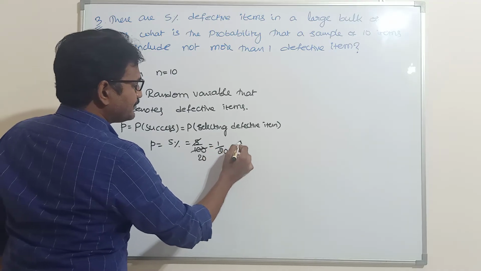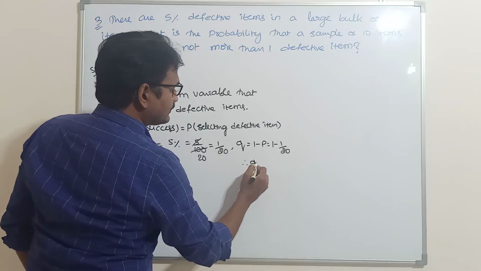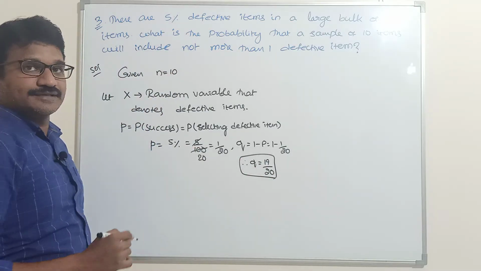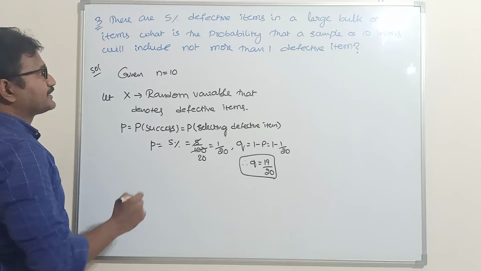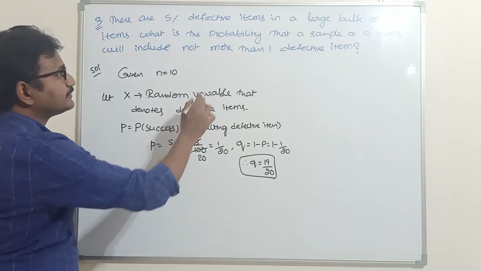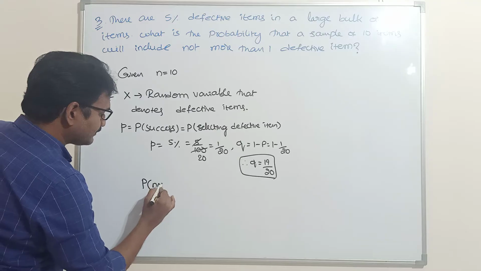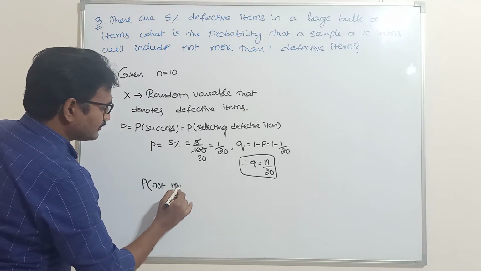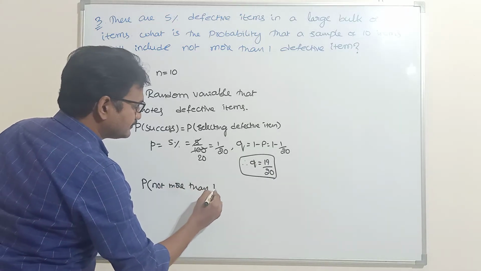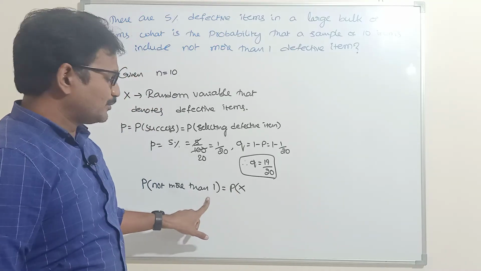Then what is the q value? q is equal to 1 minus p, 1 minus 1 by 20. Therefore q is equal to 19 by 20. q is 19 by 20, p is 1 by 20, n value is 10. Next, what to find? The probability that a sample of 10 items will include not more than one defective item, that is, probability of x not more than 1.